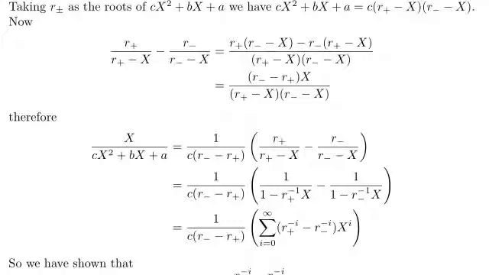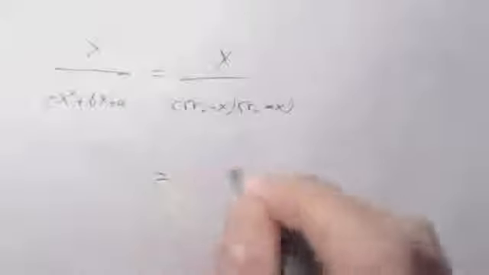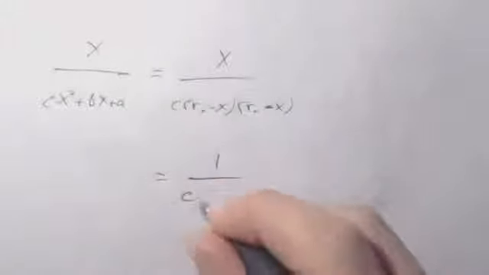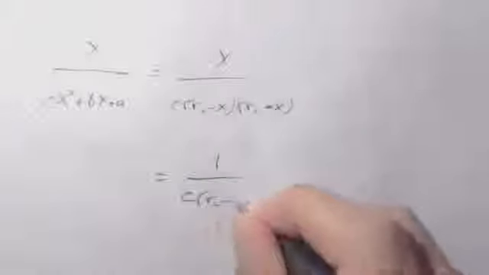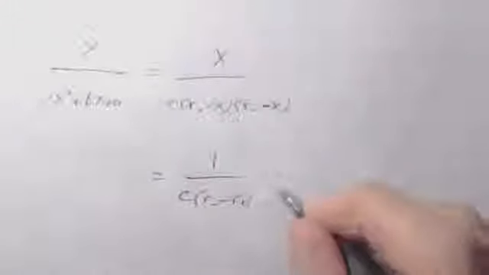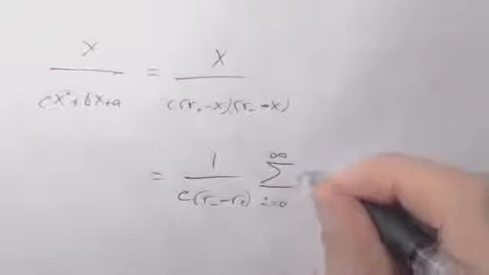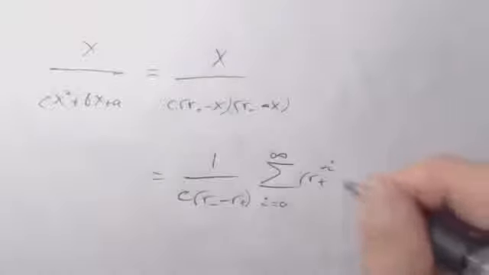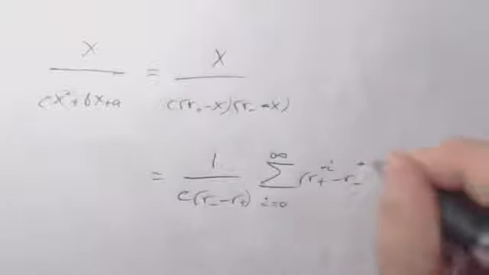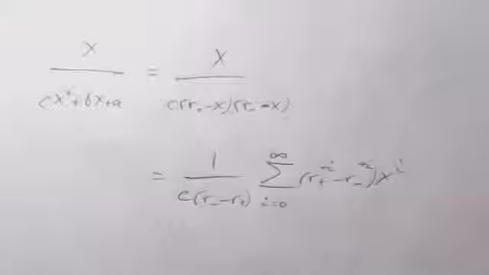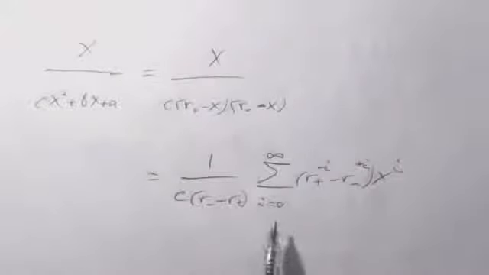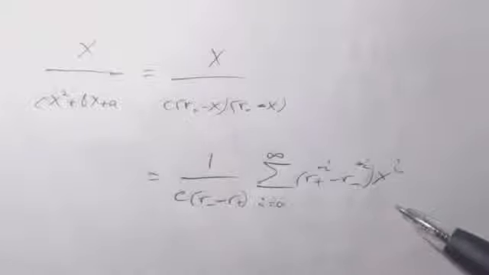So it's going to equal 1 over c times the difference between the roots, r minus minus r plus, times the sum from i equals 0 to infinity of r plus to the minus i minus r minus to the minus i, times x to the i. If you're interested in seeing how this is derived in detail, you can look at the PDF document I'm going to link at the bottom, though we've already done this sort of thing in earlier videos.